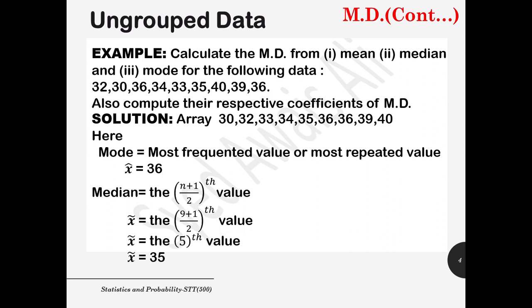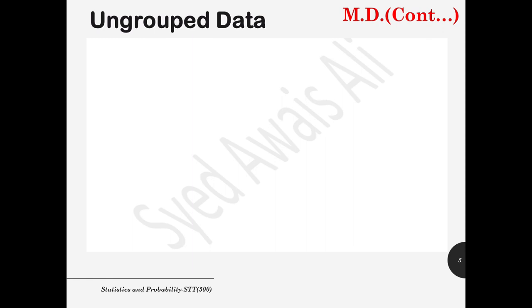So 1, 2, 3, 4 and 5. We have to see it from the array data, not from the original data. Next we have to find the mean, that is summation x over n. First we sum all the values of x, then we divide by n. That gives x bar equal to 35.